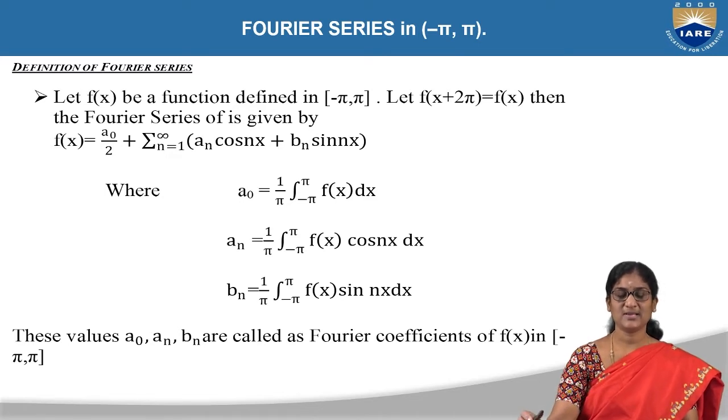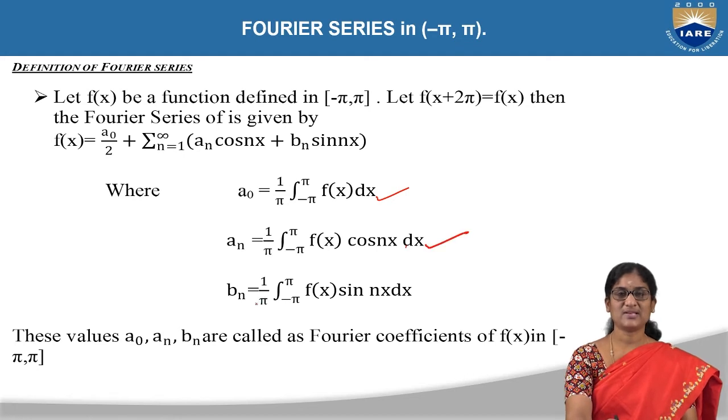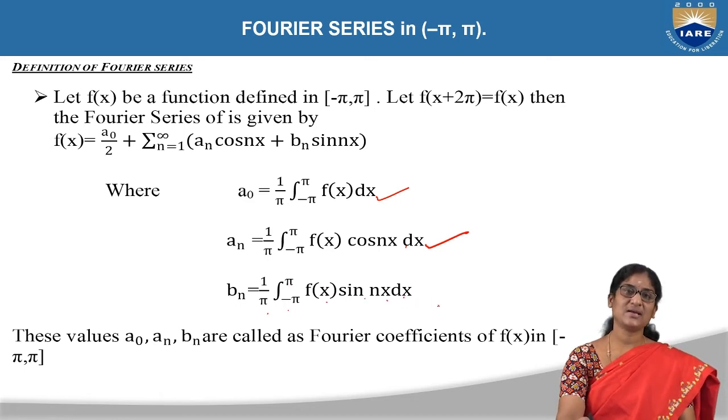Here a naught is 1 by pi integral minus pi to pi f of x dx, an is 1 by pi integral minus pi to pi f of x cos nx dx, and bn is 1 by pi integral minus pi to pi f of x sin nx dx.